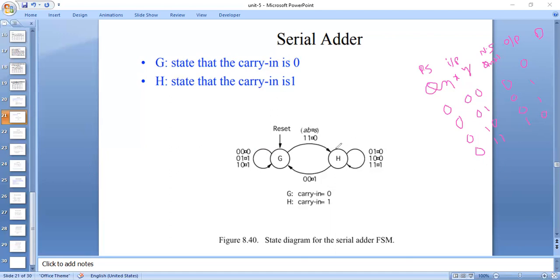Okay, now when the present state is 1 and the corresponding input conditions are 0 0, 0 1, 1 0, 1 1, we assume and draw here. So from this you can draw. For example, if the input is 0 0, it will go to state 0 and the corresponding output will be 1. And here it stays in the same state for 3 conditions, and the corresponding outputs are 0 0 1.